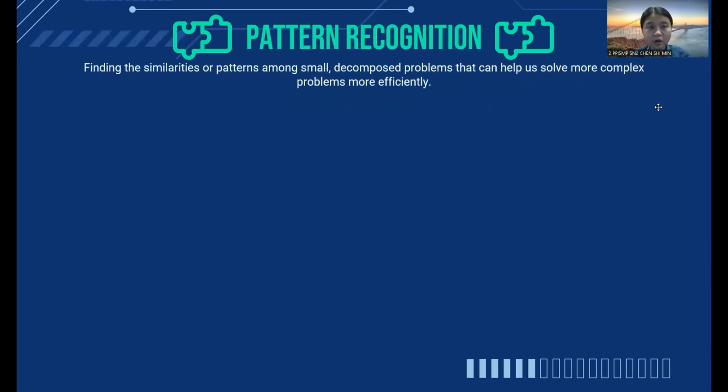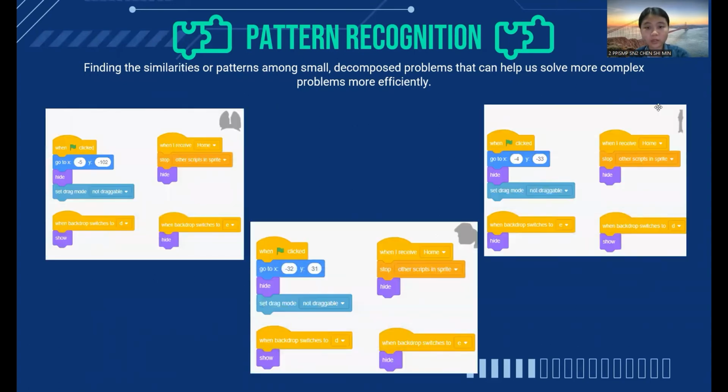The next computational thinking skill is pattern recognition. It is a process of finding the similarity of patterns among small decomposed problems that can help us solve more complex problems more efficiently. When doing Scratch, I applied this pattern recognition skill when these 3 sprites use similar code.